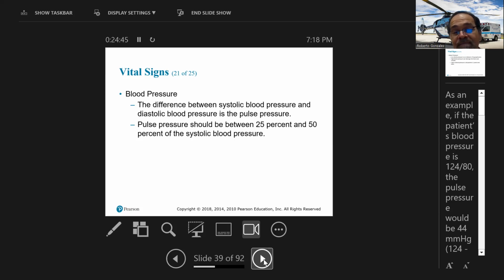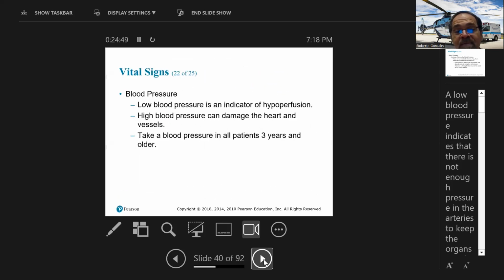Low blood pressure is an indicator of hypotension. High blood pressure can damage the heart and the vessels. Take a blood pressure in all patients that are 3 years of age and higher.